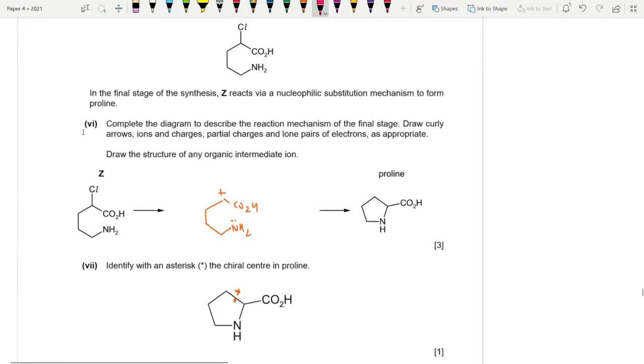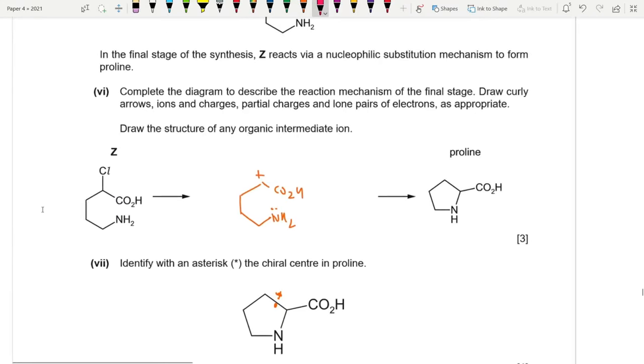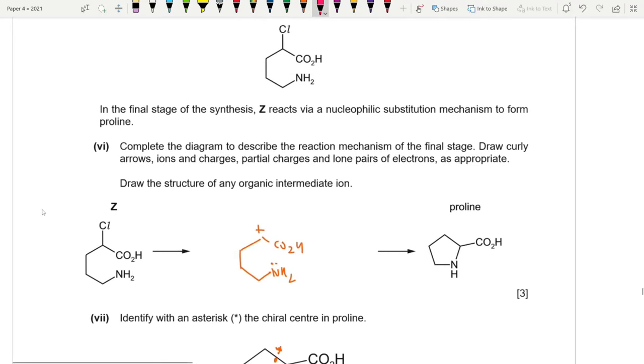So here what's going to happen is nitrogen has a lone pair, right? We want to form this compound, proline. So this nitrogen is going to form a bond with a certain carbon atom. Which carbon atom? We're going to turn it into a cyclic compound.